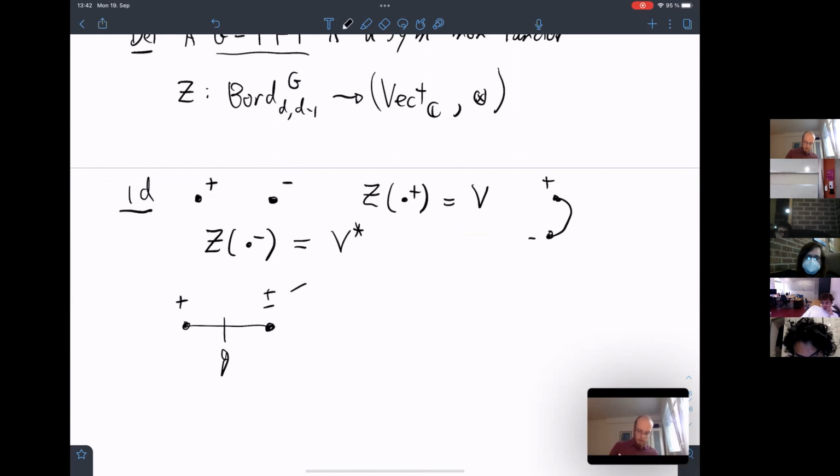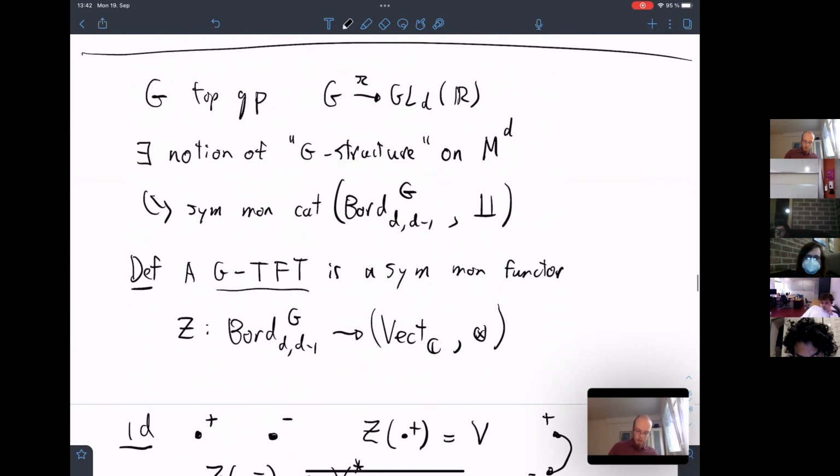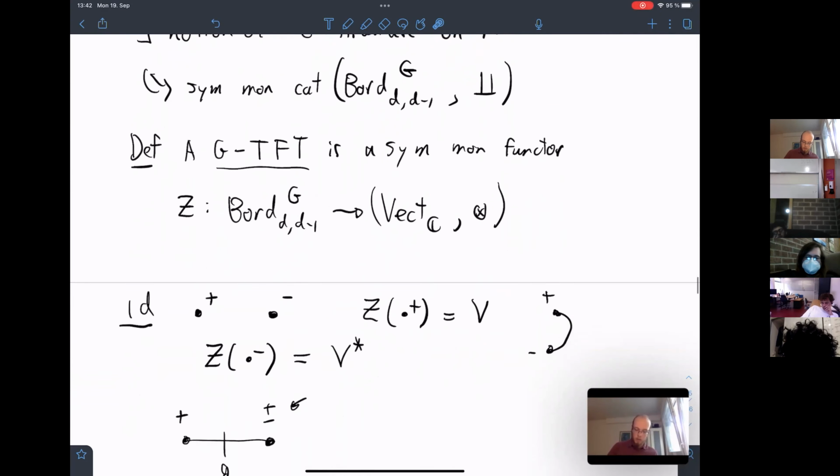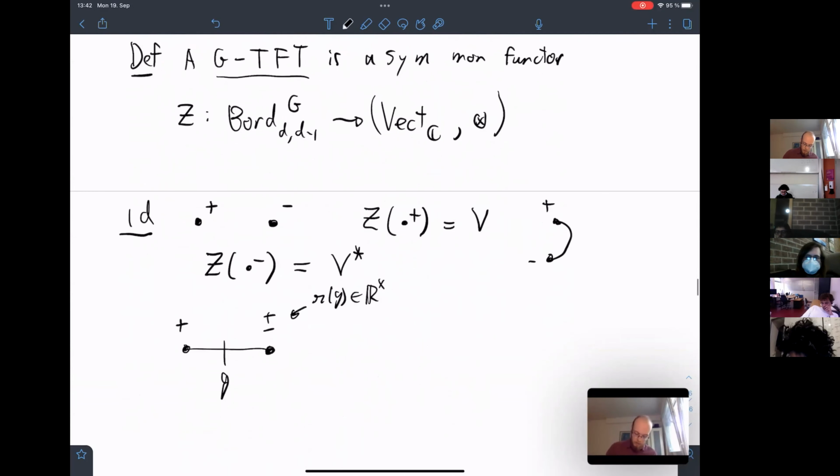And this depends on this representation that I chose right here. So we're in 1D, so GL1(R) is just R cross. So it depends on whether this is like a positive or negative number.